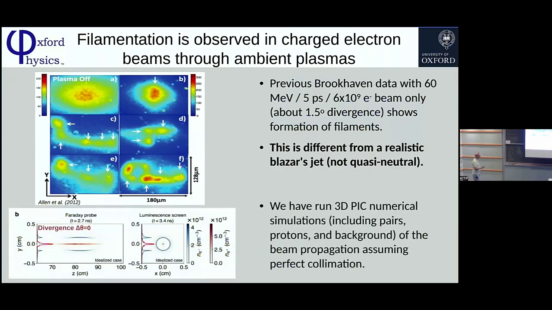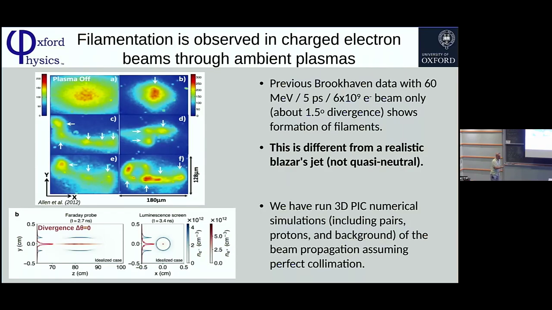For a beam which is collimated, goes through a plasma, there is a residual, this is the residual proton beam, as well as the positrons, and you see formation of, in this case, a filament in the distribution at the end on the luminescence screens.